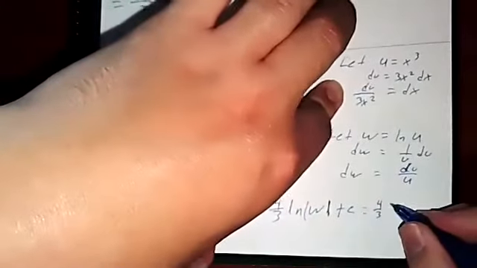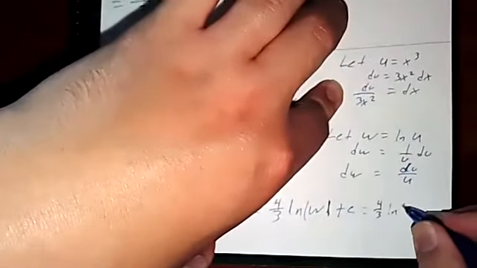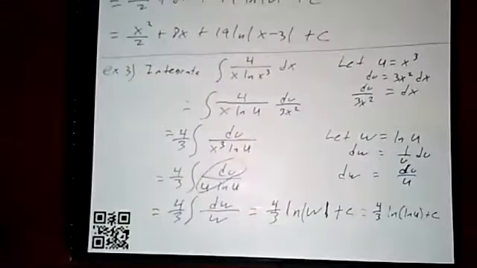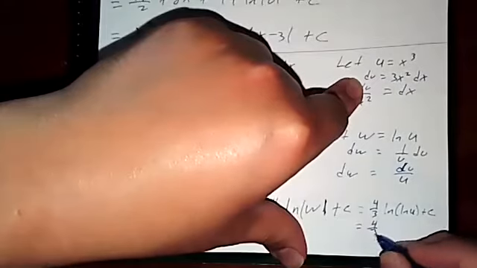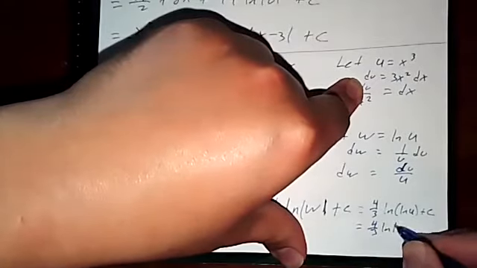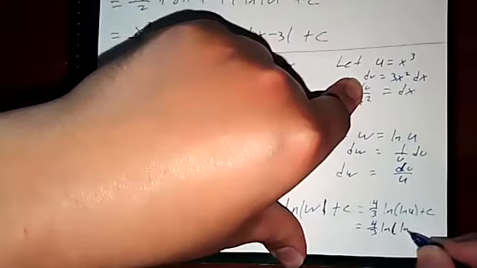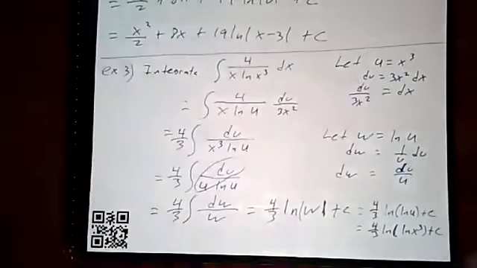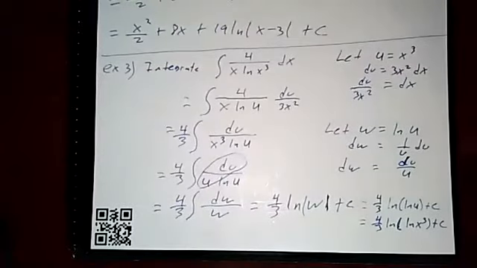So this will be ln of u plus c, and then u is technically x cubed, with the 4/3 out front.